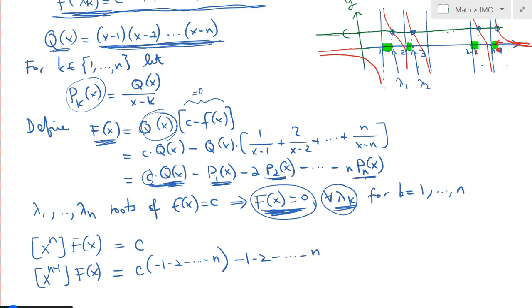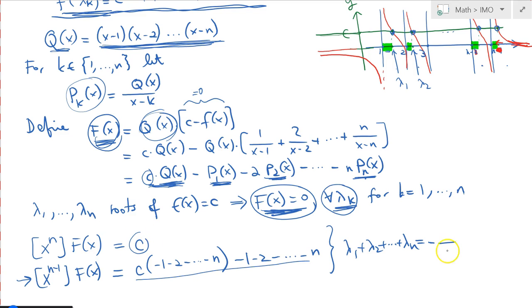So now, as I said earlier, I can apply Vieta formulas. I know that the roots of our function are lambda 1, lambda 2, all the way to lambda n, and the sum of these is simply equal to minus the coefficient in front of this term, which is this long expression, divided by c. In fact, I can combine these two results.